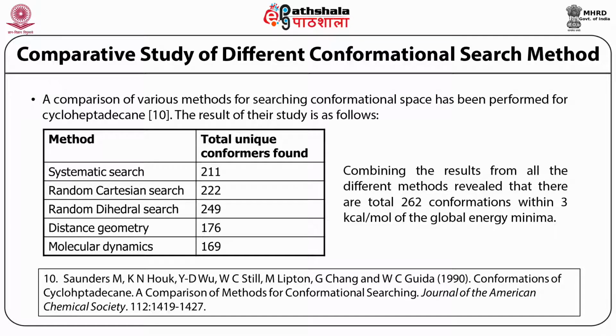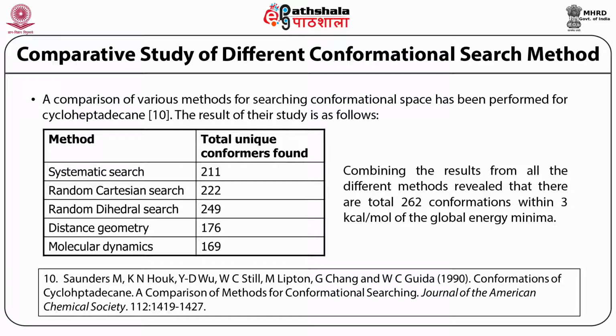One important thing to note is that most of the methods actually give varieties or different kinds of conformers. And if we collect all of them, which has been done by this paper, they have collected all of them and found the unique structures or unique conformers, which are listed here. Now, if you look at the table, you should be able to see that the maximum is from the random dihedral search method.